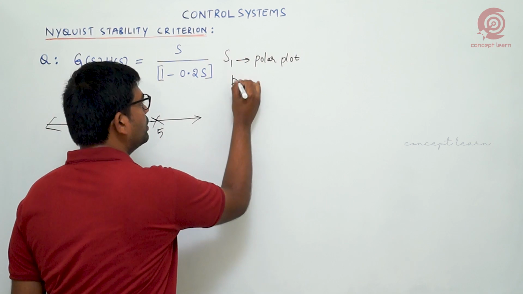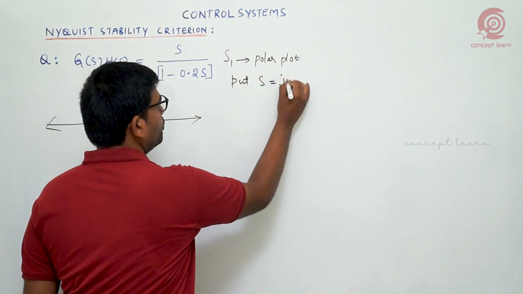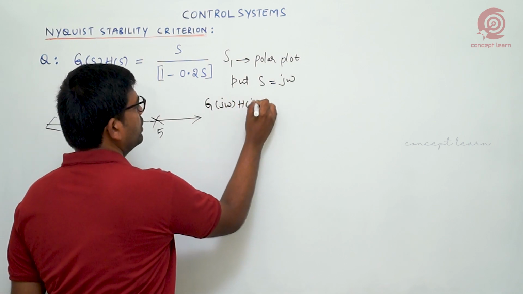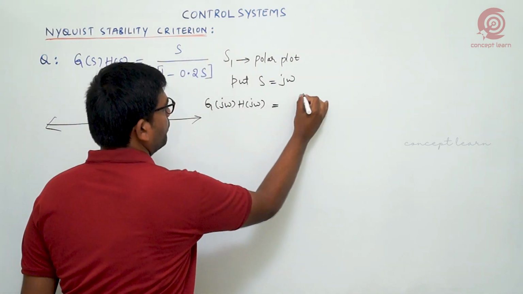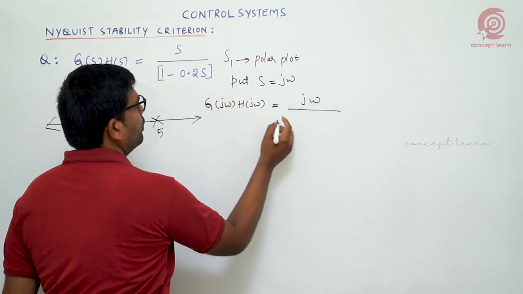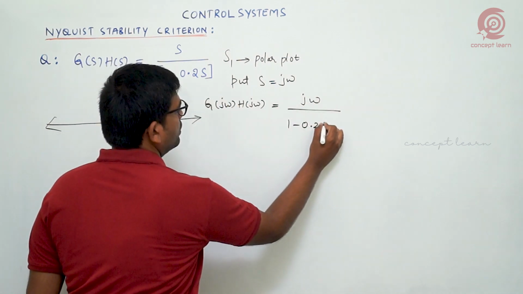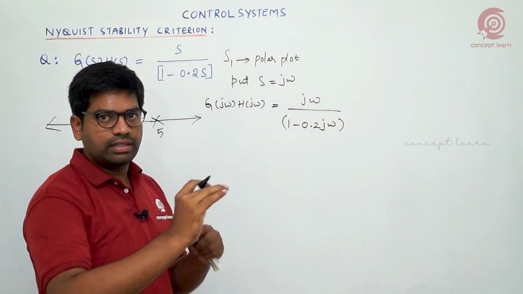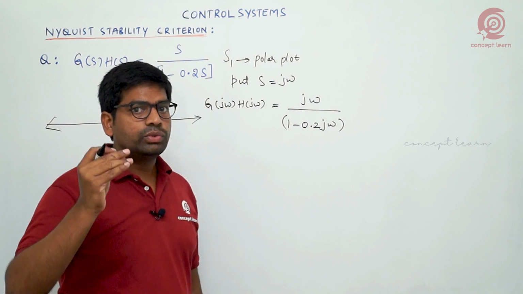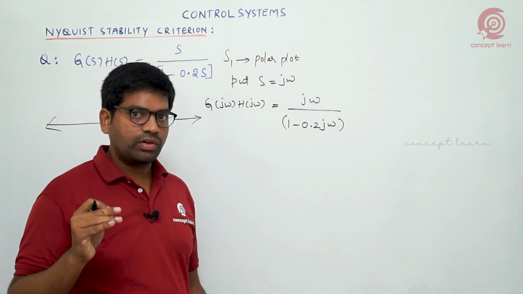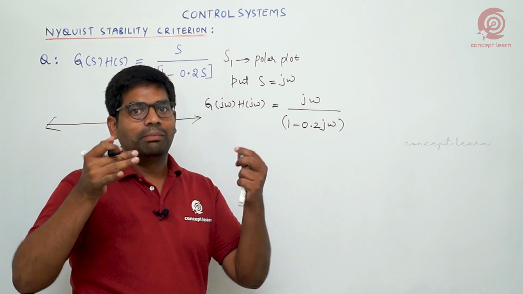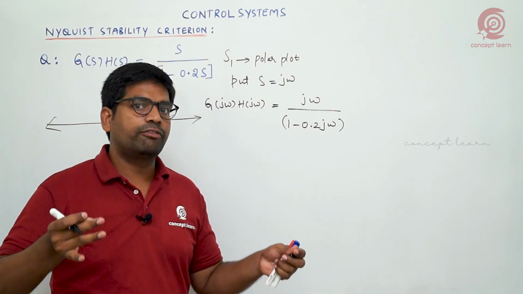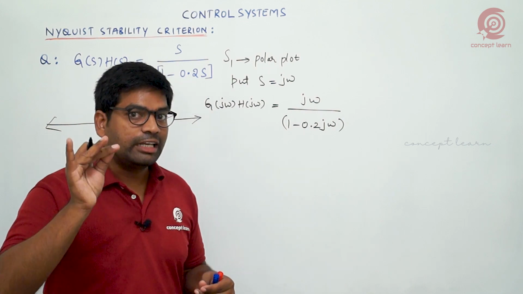What we do here is put S equal to J omega, then we get G of J omega H of J omega, equal to J omega divided by 1 minus 0.2 J omega. To draw the polar plot, we need to observe the magnitude as well as the phase angle with the variation of the frequency from 0 to infinity.